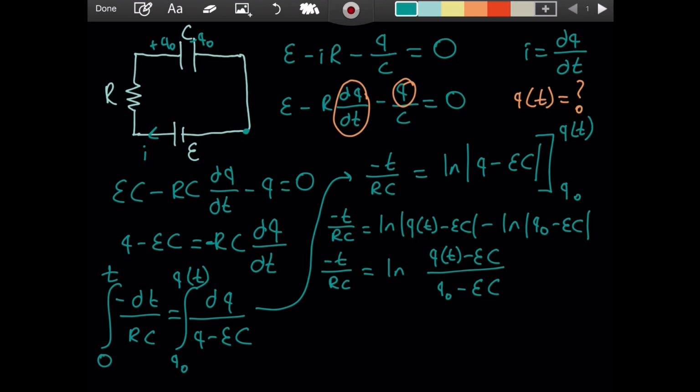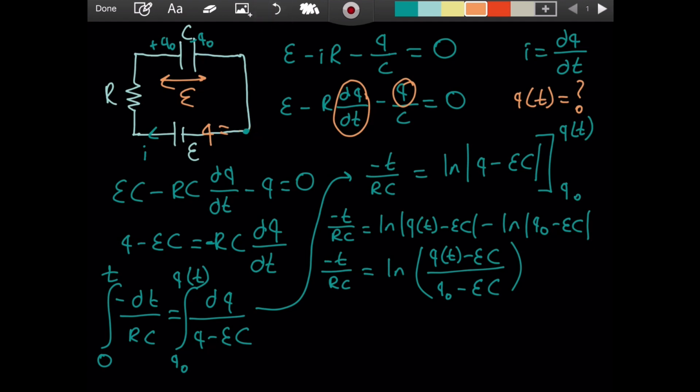And I can put normal parentheses here because, look at this. Epsilon c is the maximum charge of the capacitor. Because if there is no current, and there will be no current when the capacitor is fully charged, the voltage across will be epsilon. And so Q will be equal to epsilon C, right?